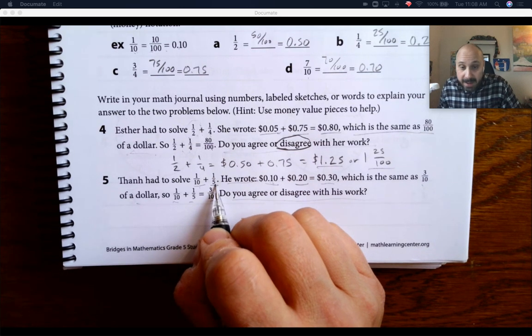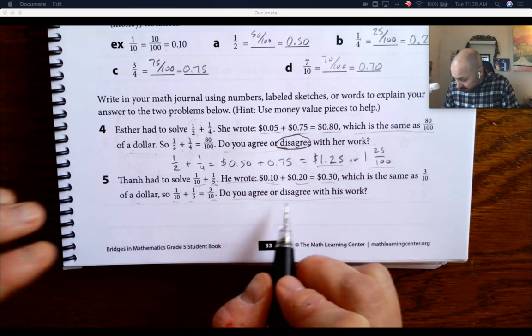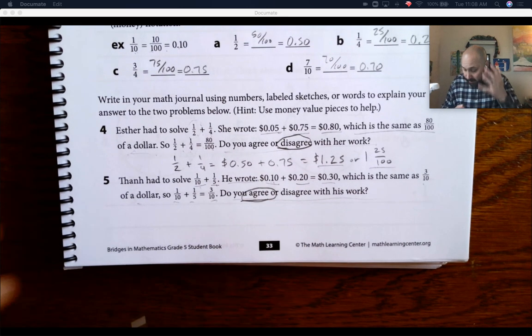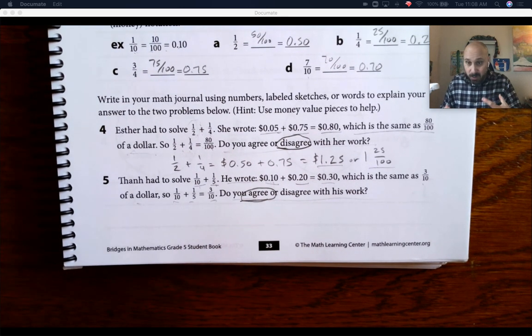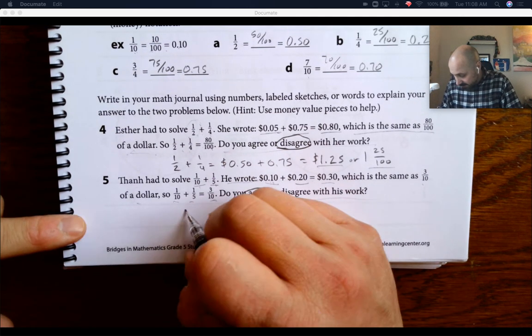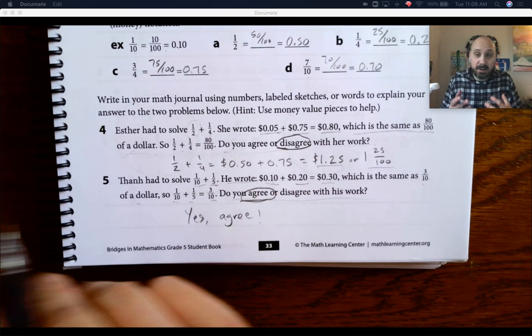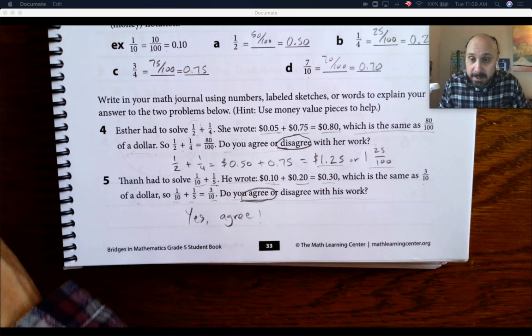So that would actually be 20 cents. So he is correct. We agree with that. And actually, he did all the work for us. So we can just say, yes, agree, because this is all done. He did a great job explaining that, actually.